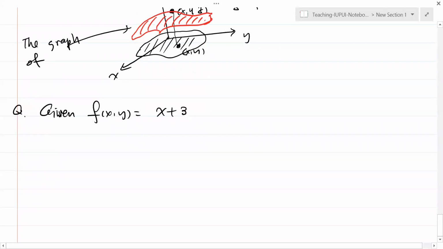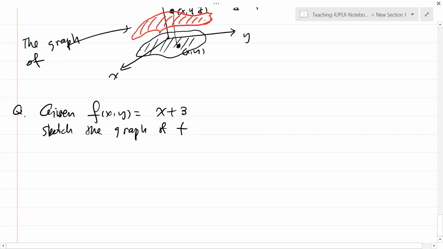You see, it's only one variable, that's fine, just independent of the y variable. Can we sketch the graph of f in three-dimensional space?